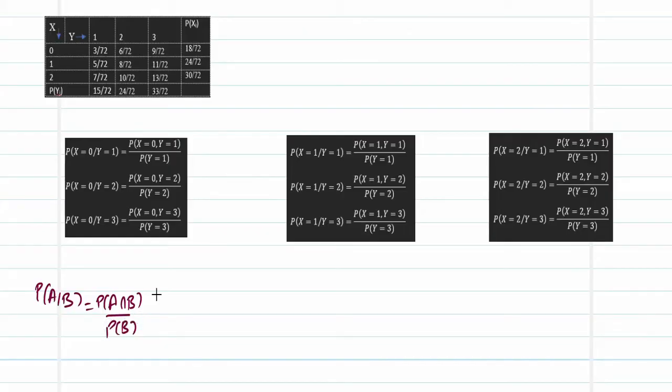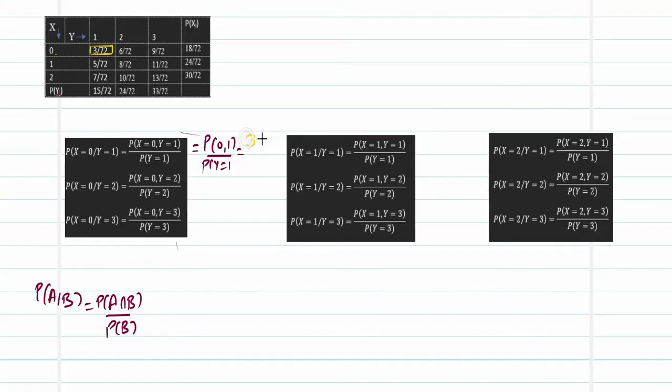Now, the conditional probability of x given y has x being fixed, y varying as 1, 2 and 3. What happens over here is x equal to 0, given y equal to 1: x equal to 0, y equal to 1 divided by y equal to 1. This is nothing but P of 0, 1 divided by P of y equal to 1. Where is our 0, 1? Our 0, 1 is x equal to 0, y equal to 1. It is going to be 3 by 72.